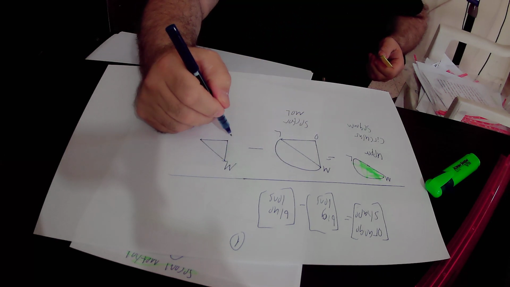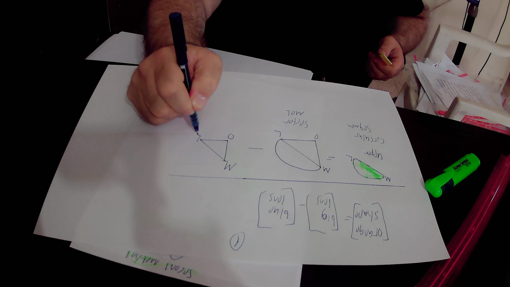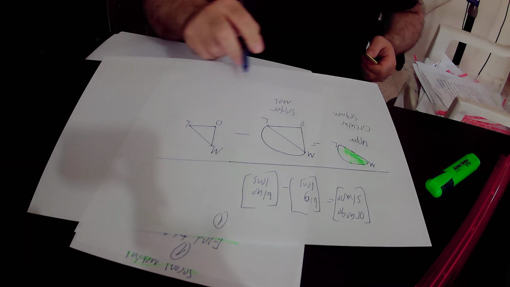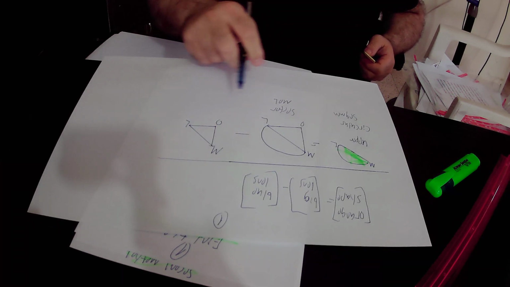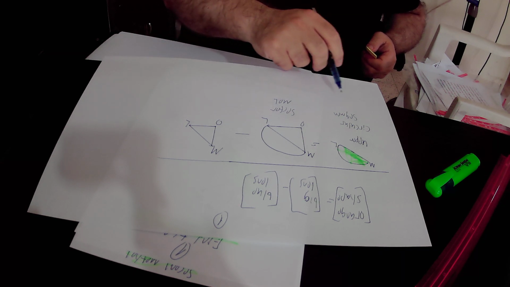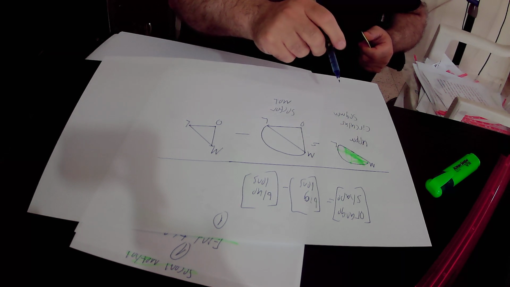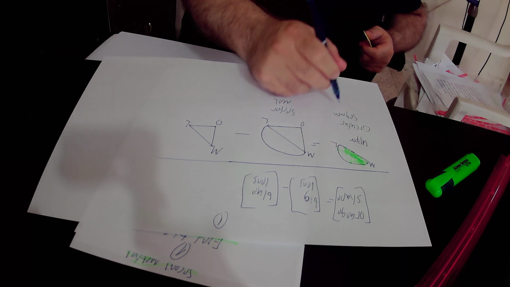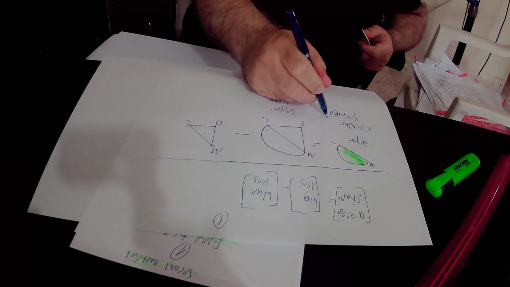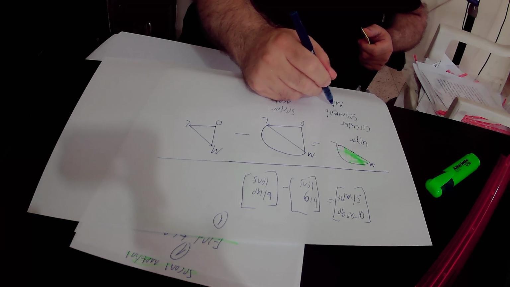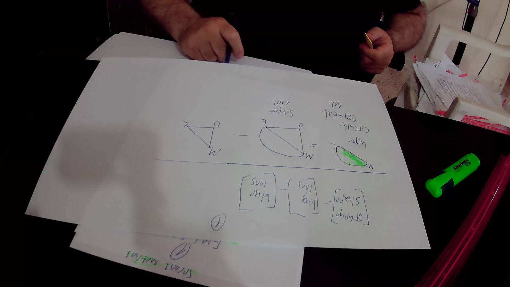So this is triangle MOL. We subtract the area of triangle MOL from the area of sector MOL, and this will give us the area of the upper circular segment ML.